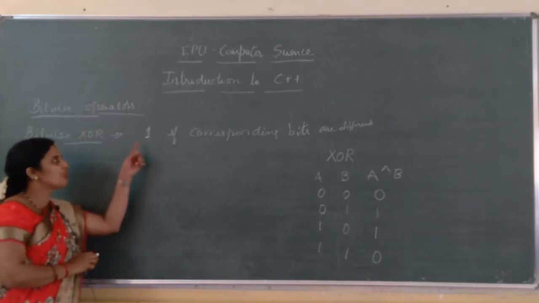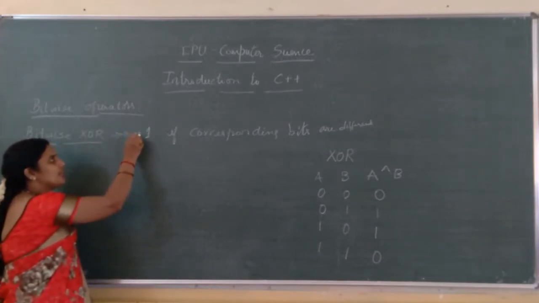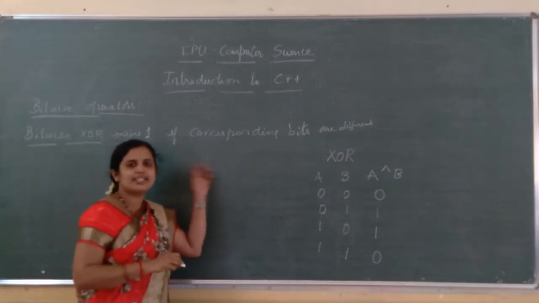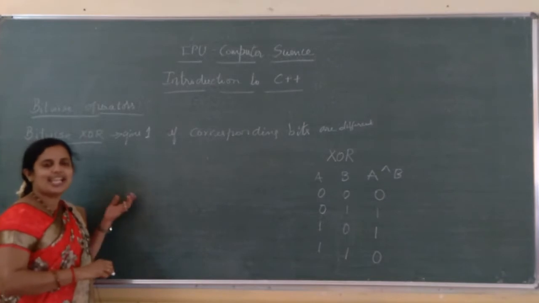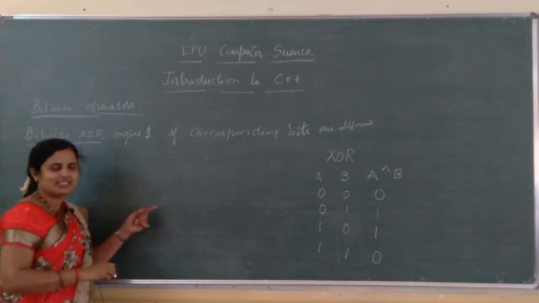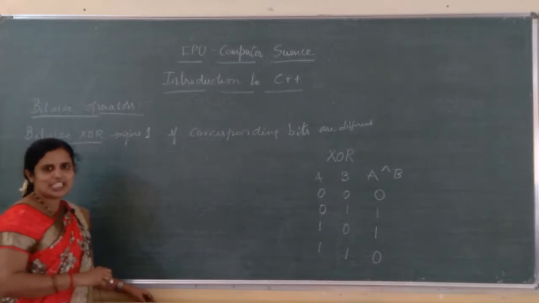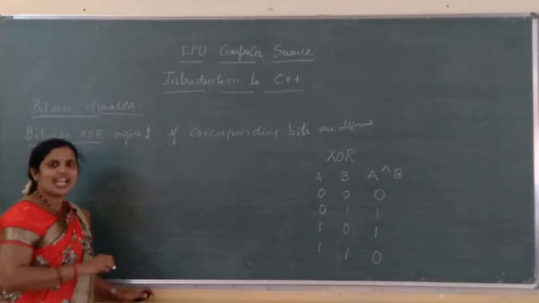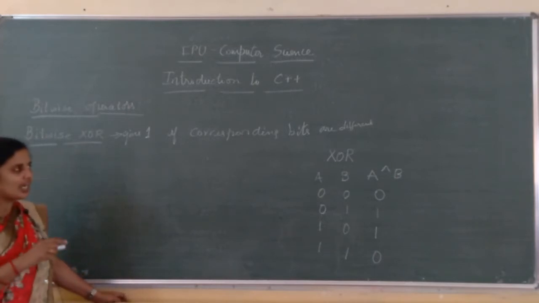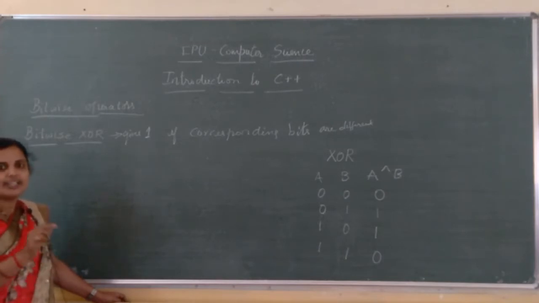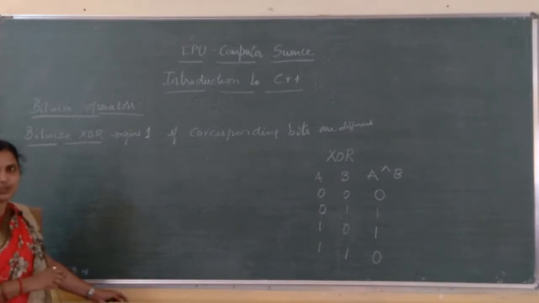Bitwise XOR gives 1 if corresponding bits are different. Suppose A is 1, B is 0, or A is 0, B is 1, it gives 1, otherwise it gives 0. A is 0, B is 0, output is 0. A is 1, B is 1, output is 0. Only when the bits are different do we get the value 1, otherwise the value is 0.